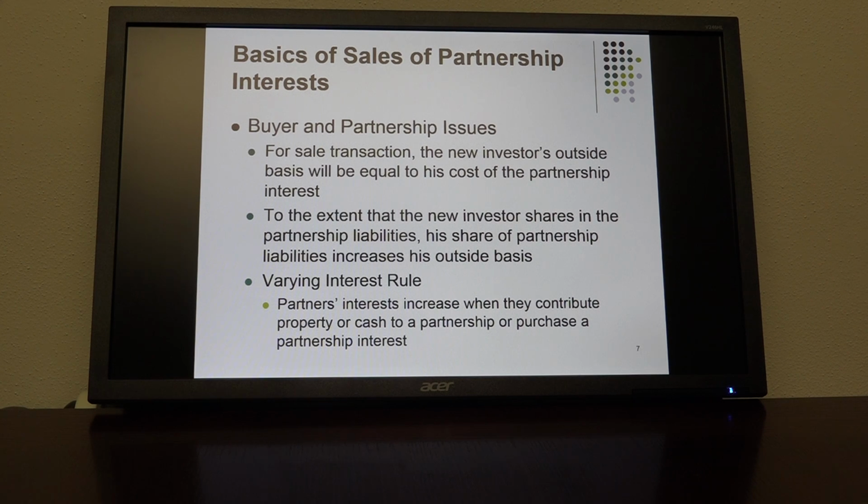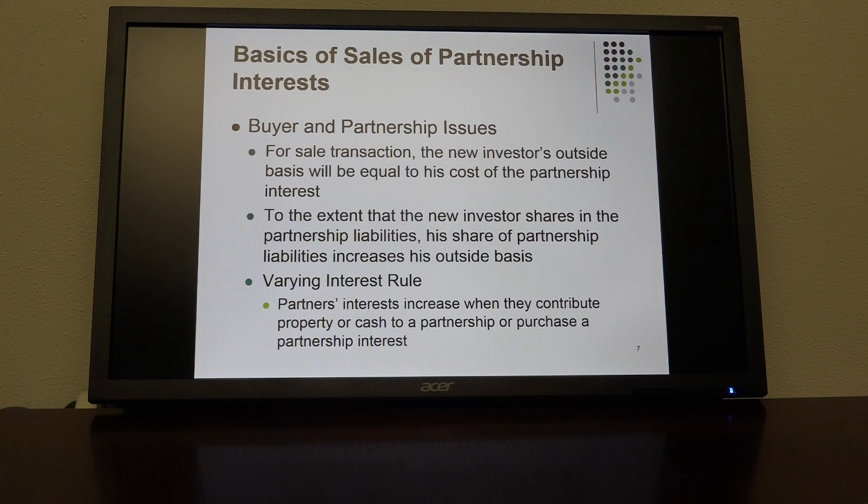Now, as far as buyer and partnership issues, basically the new investor steps into the shoes of the old investor, the selling partner. And the new investor's outside basis, for the most part, will be equal to his cost in the partnership interest. Well, that makes sense.